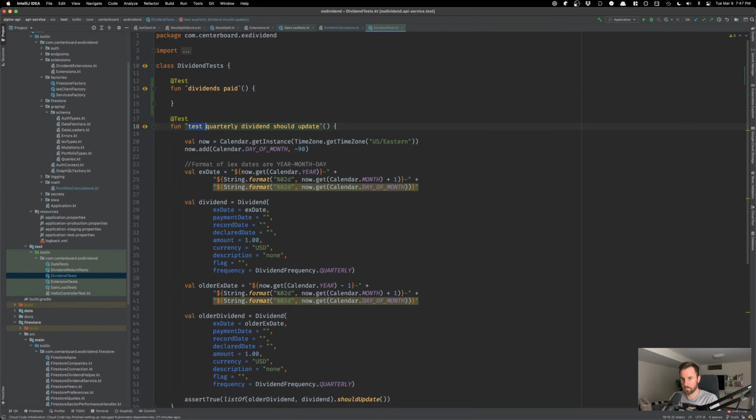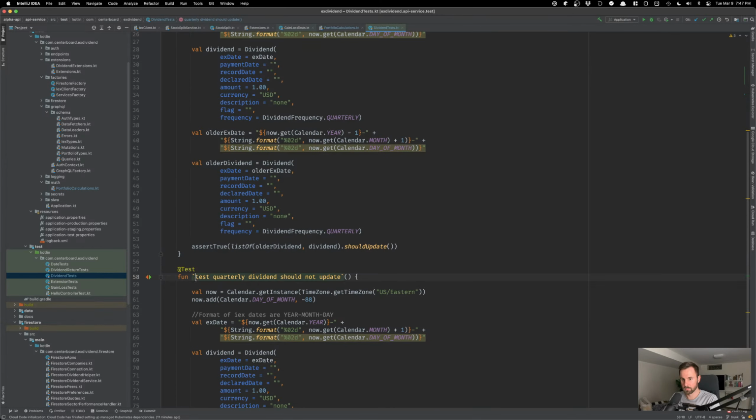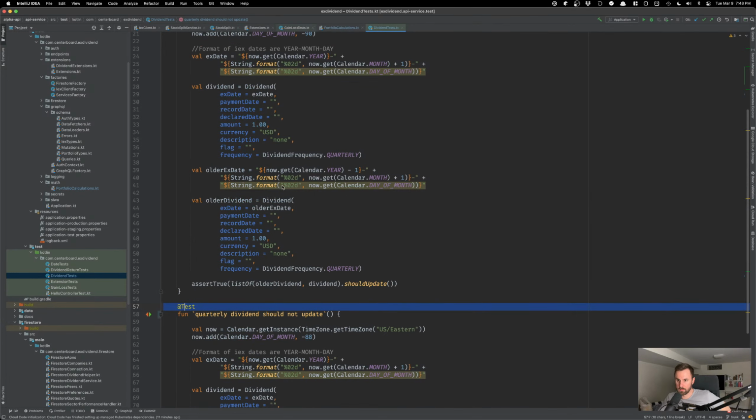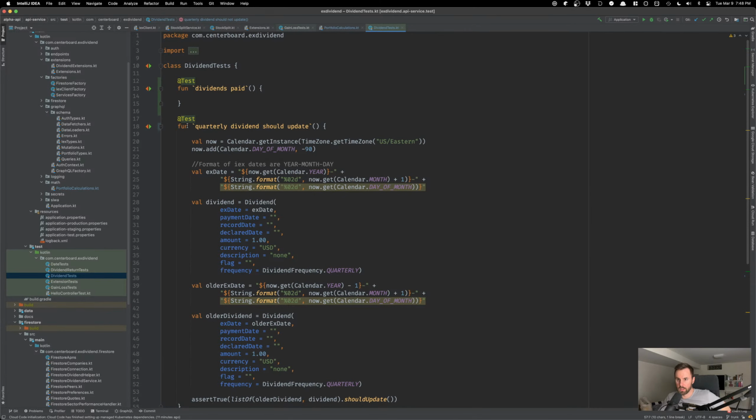And this is just a bad habit. You don't need to put test in front of a function that is annotated with test. That's already implicit. And if you've never done this in Kotlin, you can mark a function with backticks. You can write out something in English, so if you're writing a spec style class, you can write a better description here.